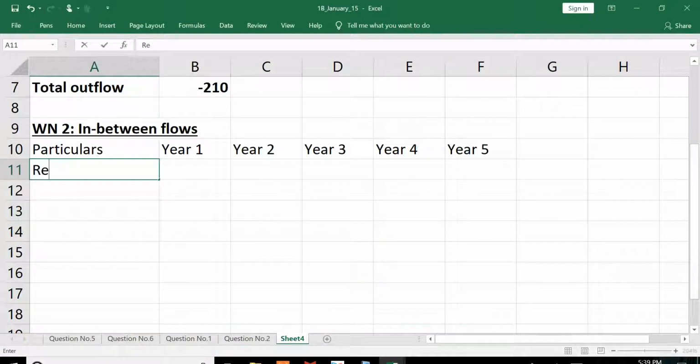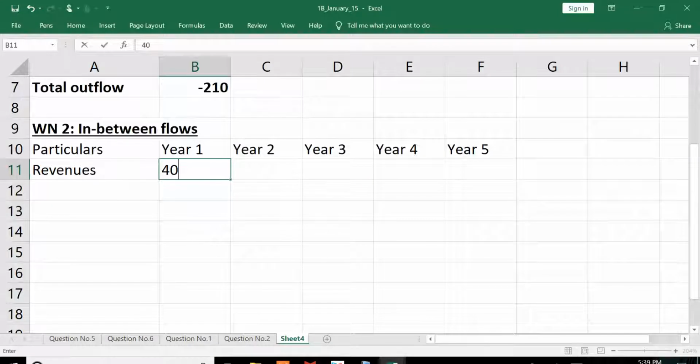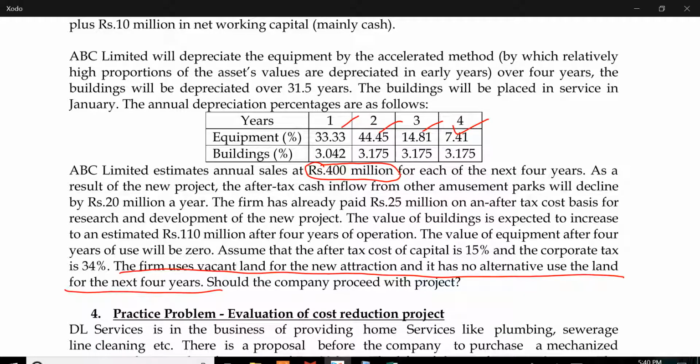Right? Revenues. What's the revenue? 400 for 4 years. Revenues is 400. Now listen.